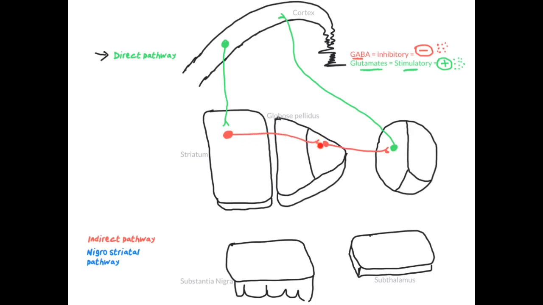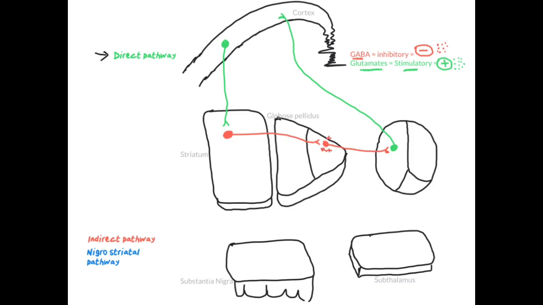Since these neurons are inhibitory, they would normally inhibit the next neurons. But at rest, there will be no GABA released in the globus pallidus interna. When there is no GABA release, these neurons are released from inhibition, and they will become excited.